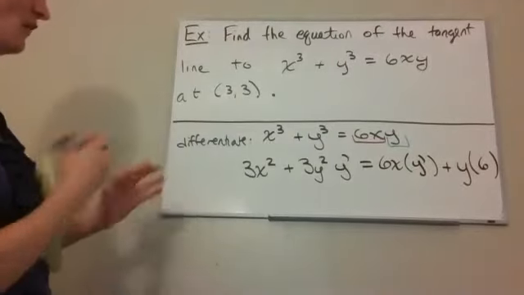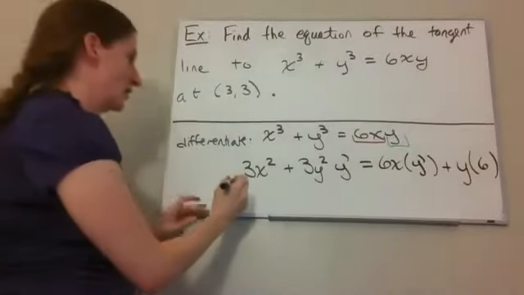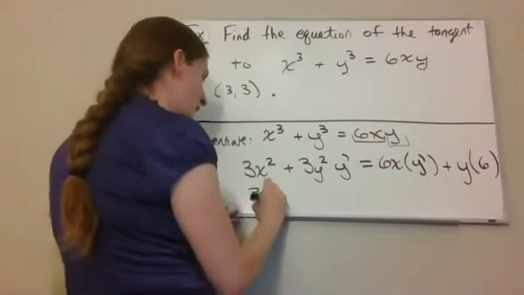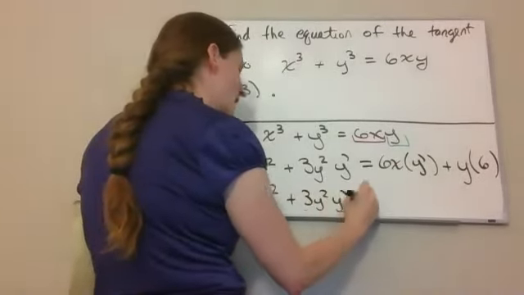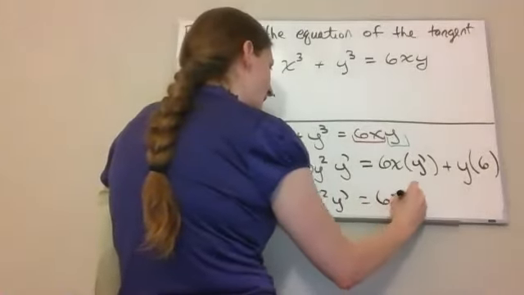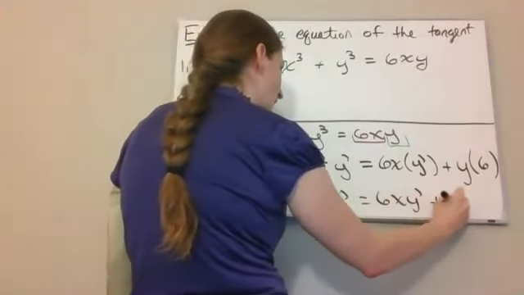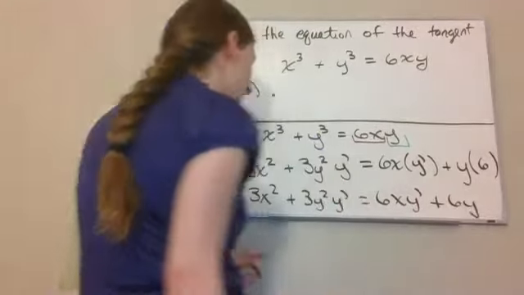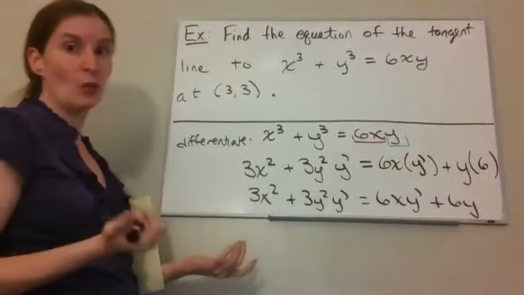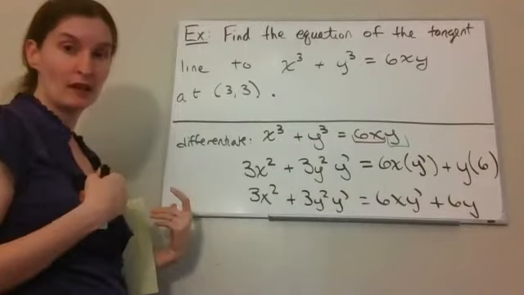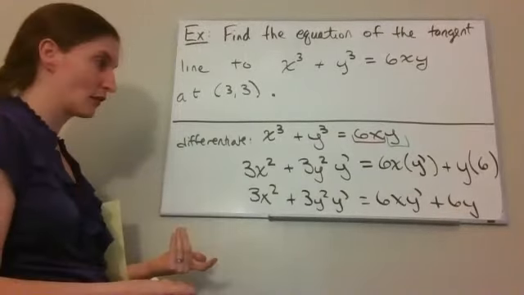So now I have this lovely equation. Let me rewrite it a little bit. We have 3x squared plus 3y squared y prime equals 6xy prime plus 6y. And I want to figure out what y prime is. So we need to get the y prime terms all on one side of the equation and everything else on the other side.